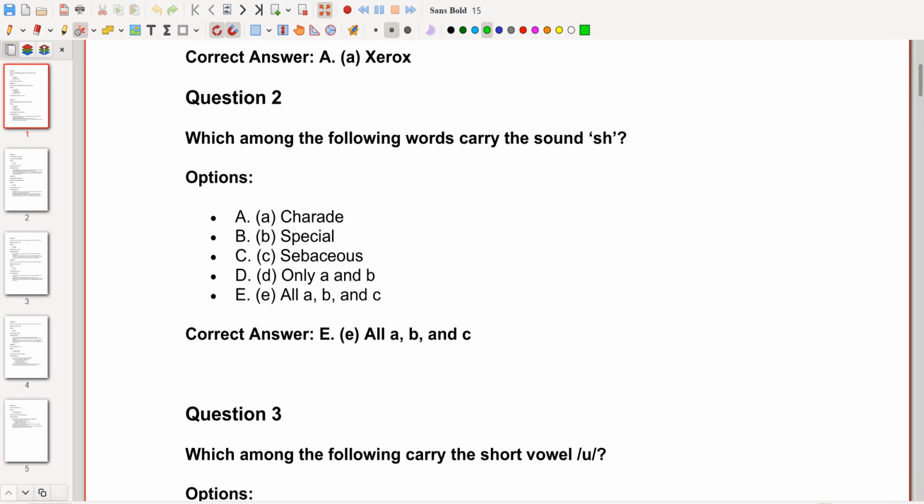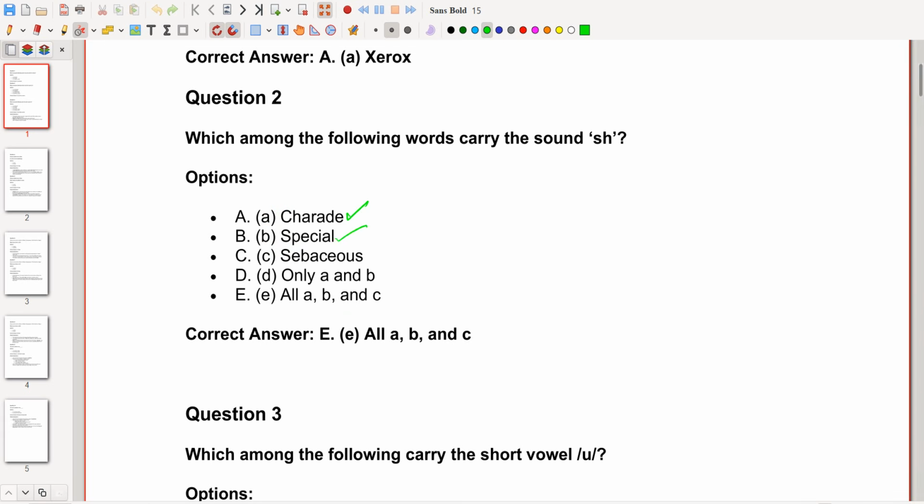In charade, we are getting an ish sound. Special, we are getting an ish sound. And sebaceous, we are again getting an ish sound. So, all the three words have the ish sound here. So, the correct answer is option E, which contains all the three words.